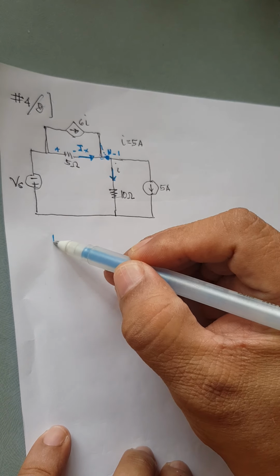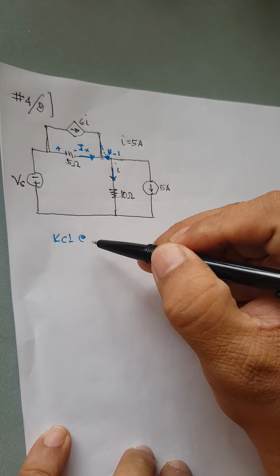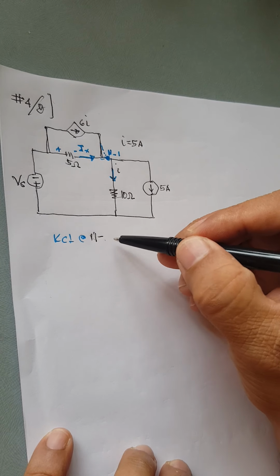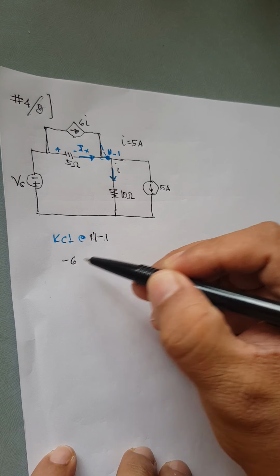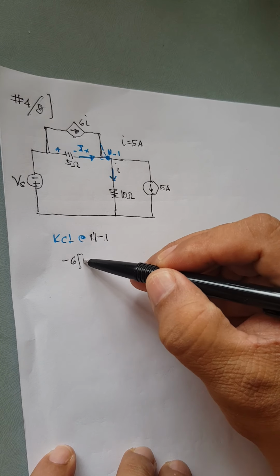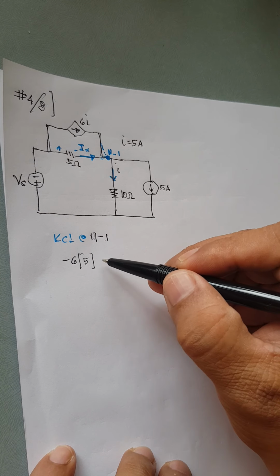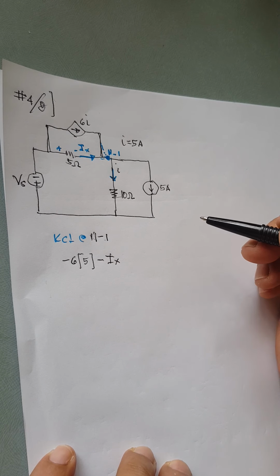So entering KCL at node 1. So entering current, negative 6I, but I is 5. So 5. And then minus Ix because it's also entering the node.